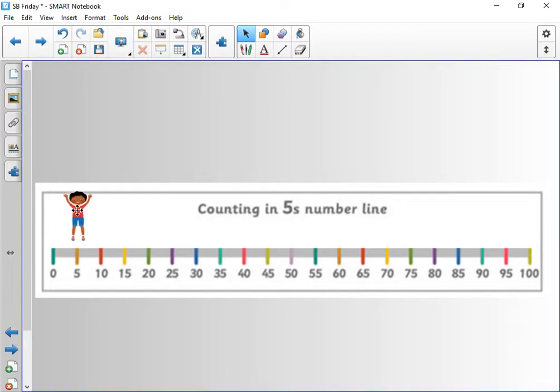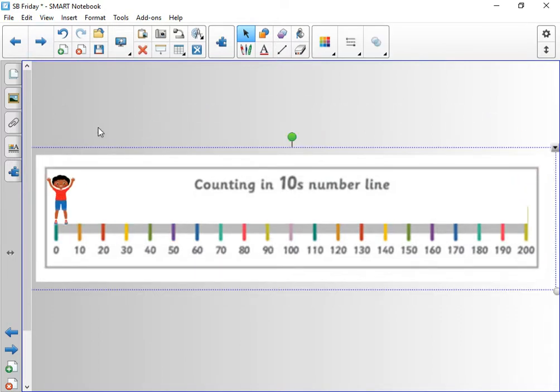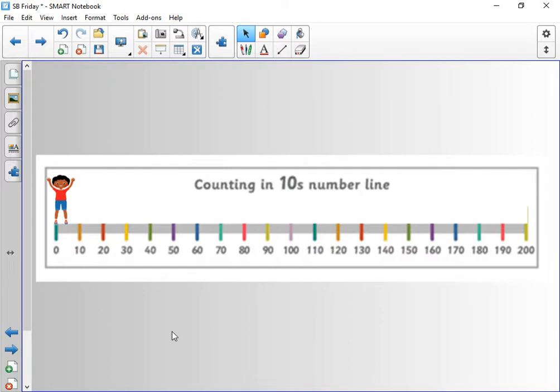Are you ready? 5, 10, 15, 20, 25. Well done, everybody. And finally, tens. Now we're going to go all the way up to 200.